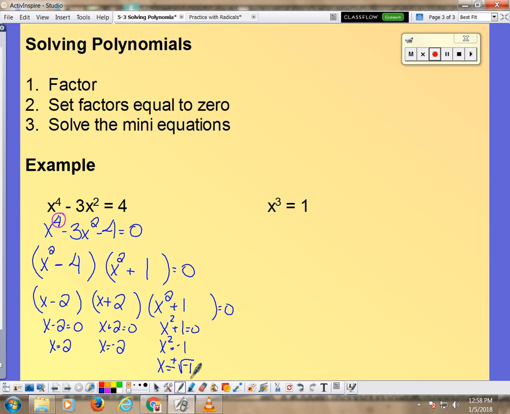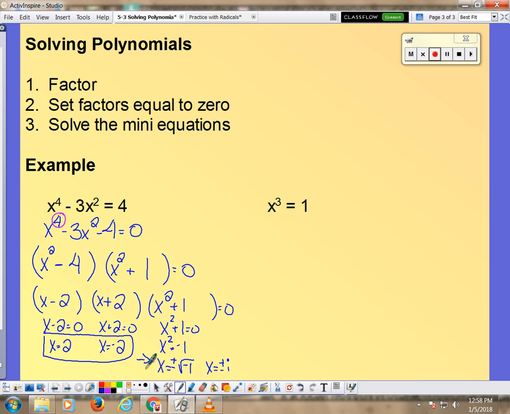Well, from last semester we know we can't have a negative 1 as under the radical, so this really becomes x equals plus or minus i, because if you remember the definition of i, our imaginary number, is the square root of negative 1. So this right here, these are the actual zeros of the function, and this is the imaginary piece.